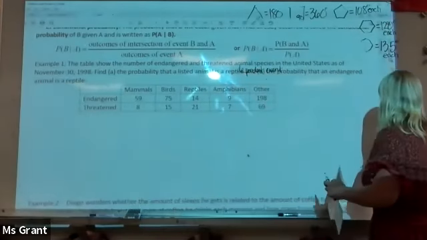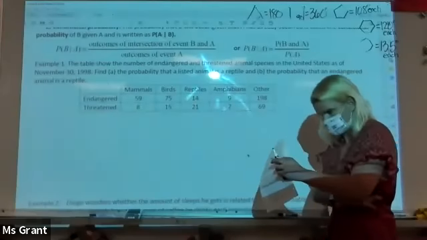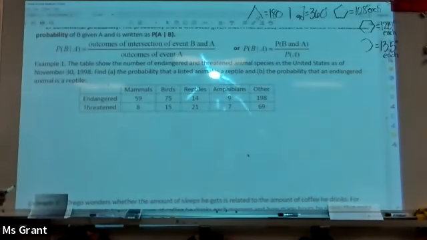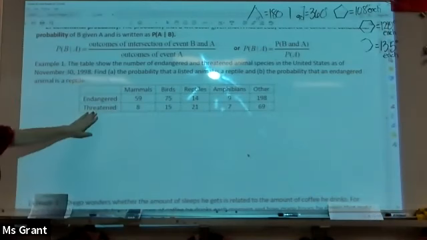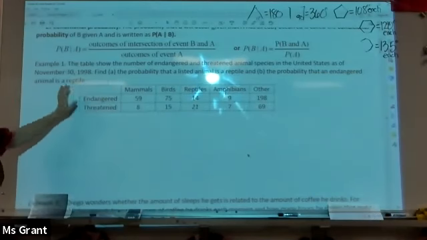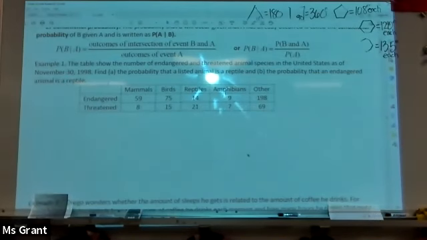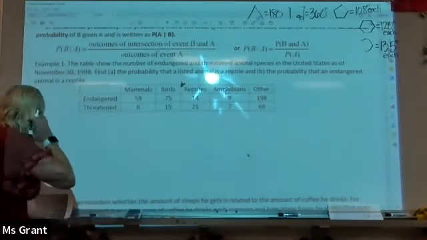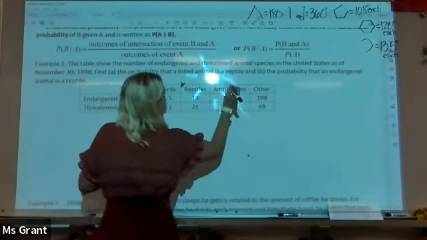So read the paragraph question to yourself. The tables show the number of endangered and threatened animal species in the United States as of November 30th, 98. Find the probability that a listed animal is a reptile. So I'm really caring about reptiles. The listed animal, I'm going to call it R if it's a reptile.